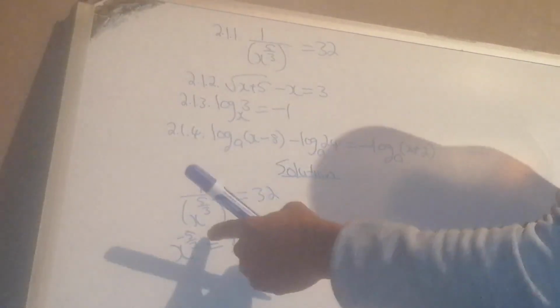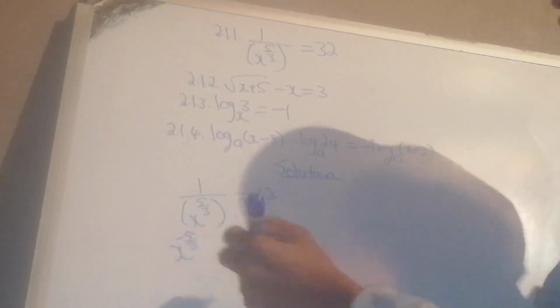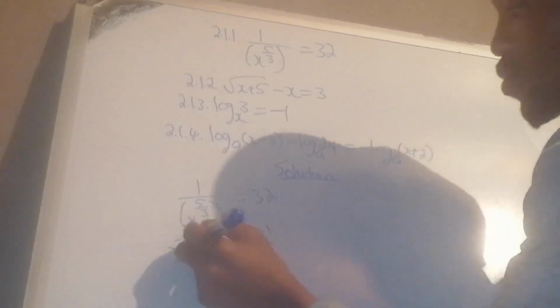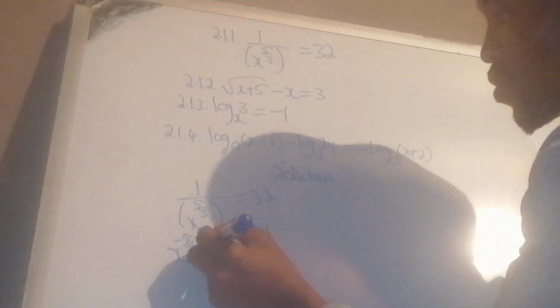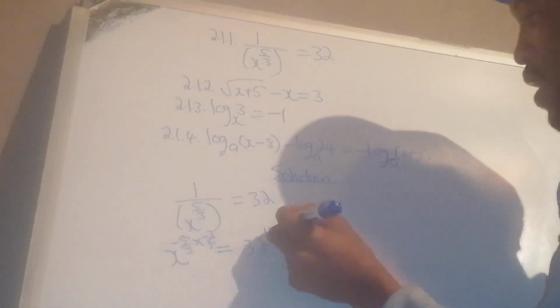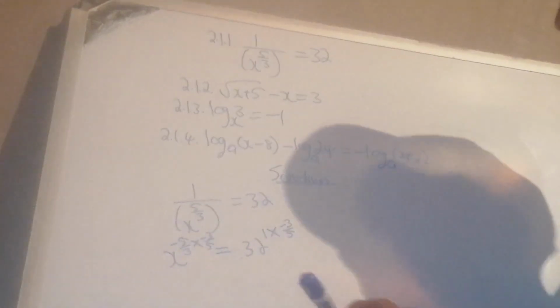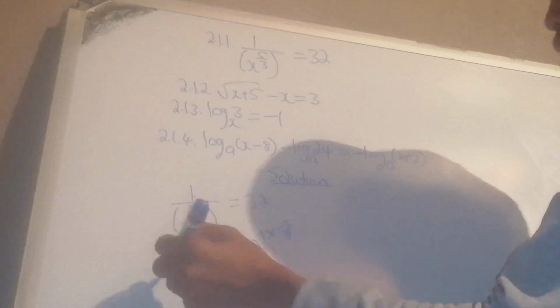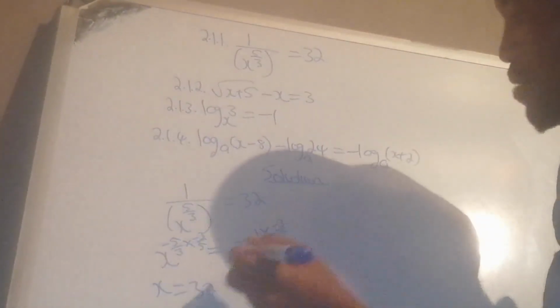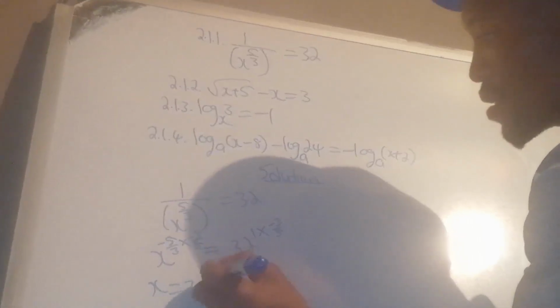I want x, so I will multiply by the reciprocal of this exponent, which is negative 3 over 5. But what I do to this exponent, I must also do to this one, negative 3 over 5. So this will cancel, and my x will be 32 to the negative 3 over 5.